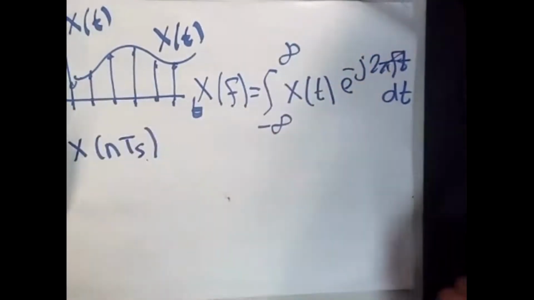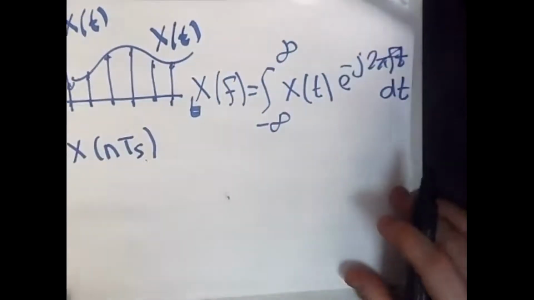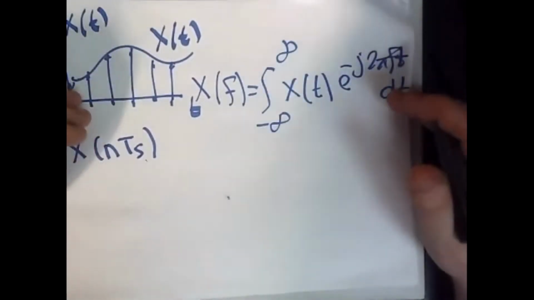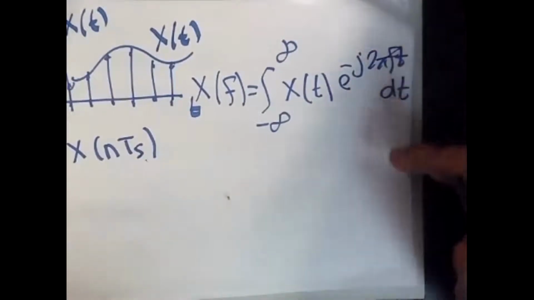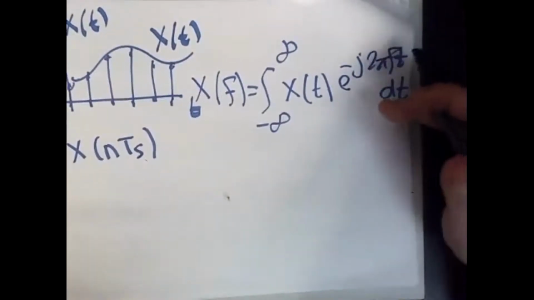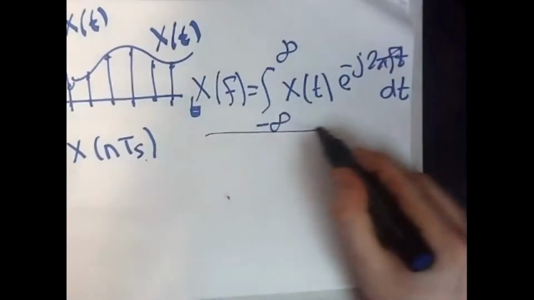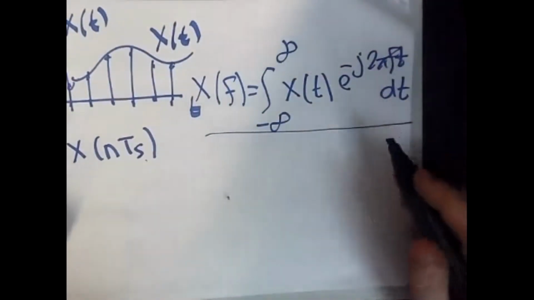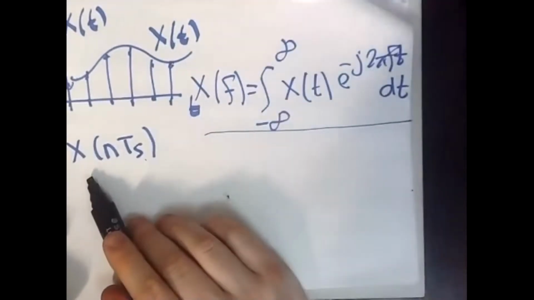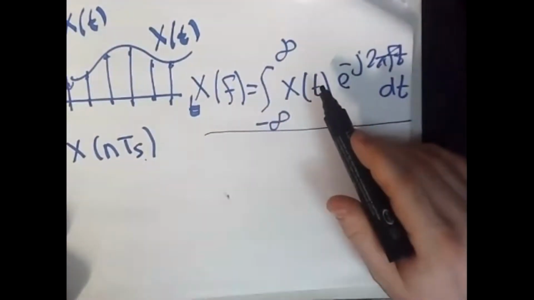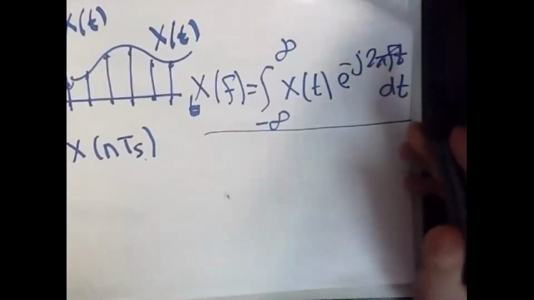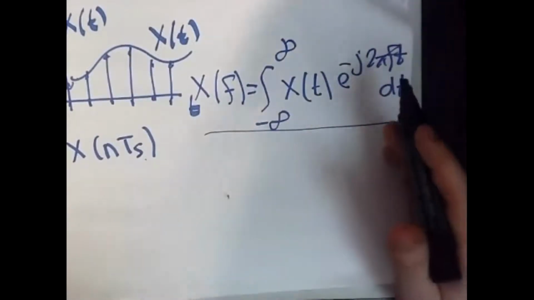Now, what we are seeking is an analogous formula instead of this one, but with an input x of n instead of x of t. Our input now, my dear students, is not a continuous signal in time, it's a discrete signal in time.